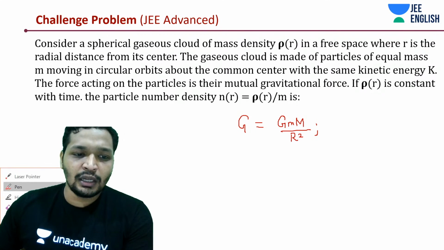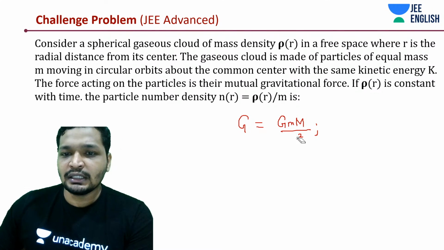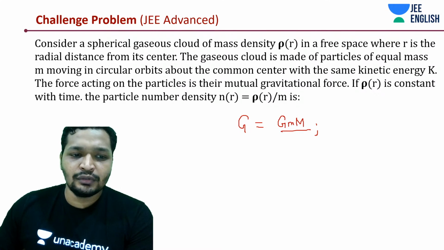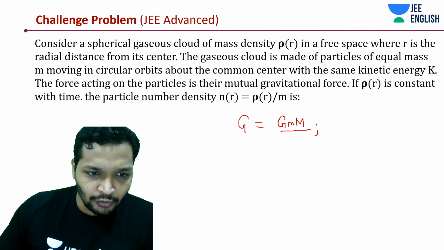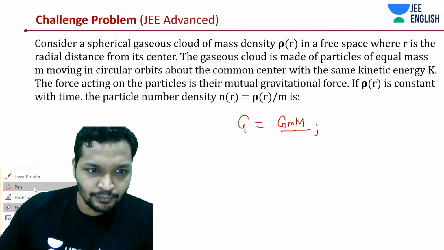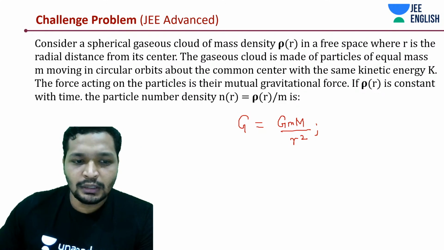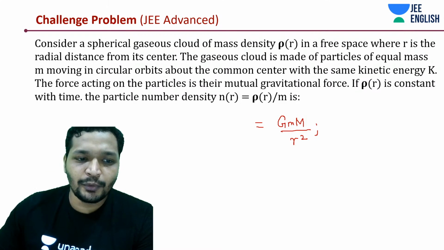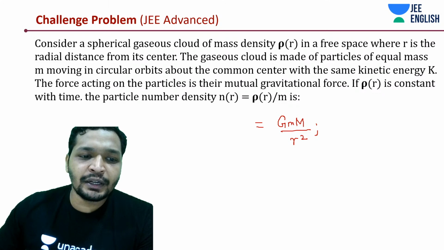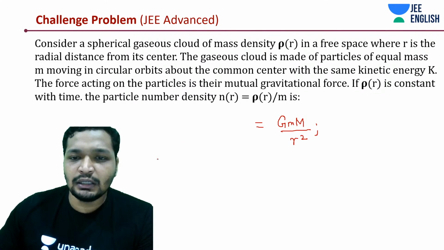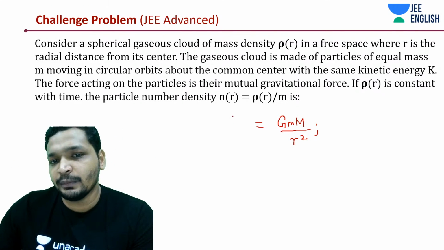This r should be small r, because it is a distance r from its center of mass. So it should be small r square. This I am going to write down as gravitational force. It's an easy concept, don't worry. The most important thing is how you manipulate the arithmetic, at least it was the key in the first paper.